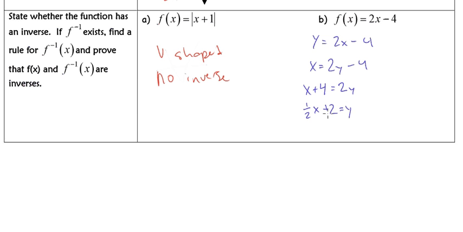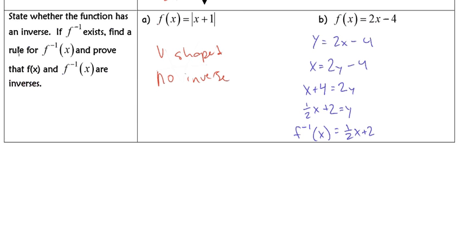So there's our inverse function. To rewrite that more specifically, f inverse of x equals 1 half x plus 2.